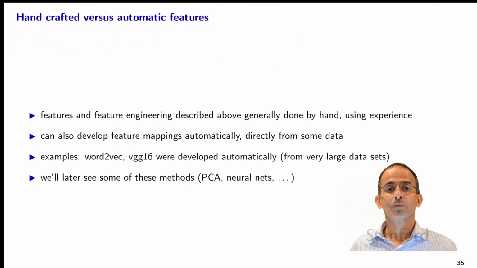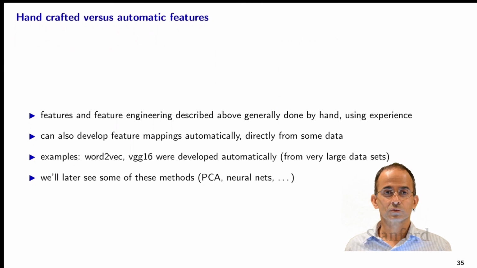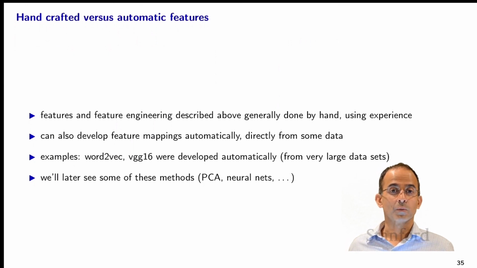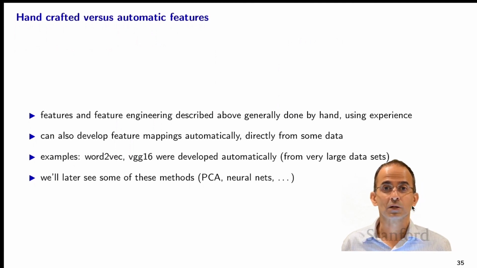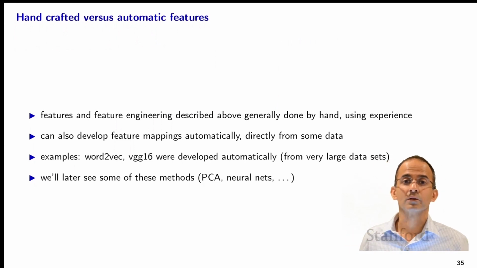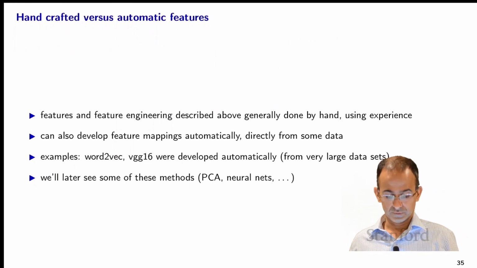Those are very important methods. They have made a huge difference to our ability to do effective machine learning. And we will see later those methods in some detail. And we'll talk about some specific methods for constructing these things. PCA is an example of that. It stands for Principal Component Analysis. Neural networks is another example.